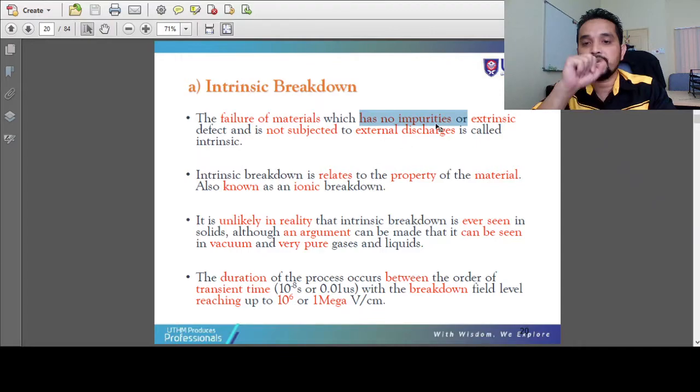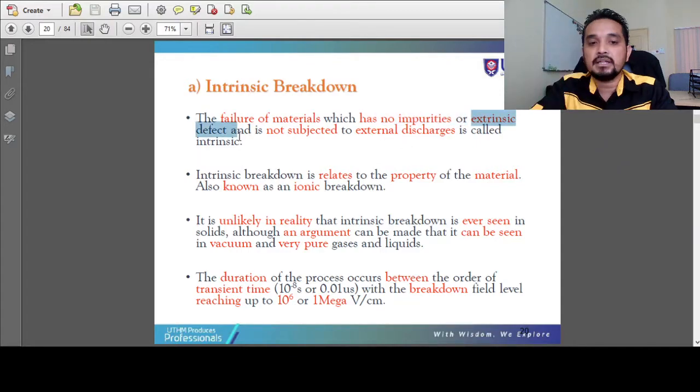And there is no external factor, no external defect. We have no internal defect, and no external defect. We have no additional material within this solid dielectric material, and it is also not subjected to external discharge.